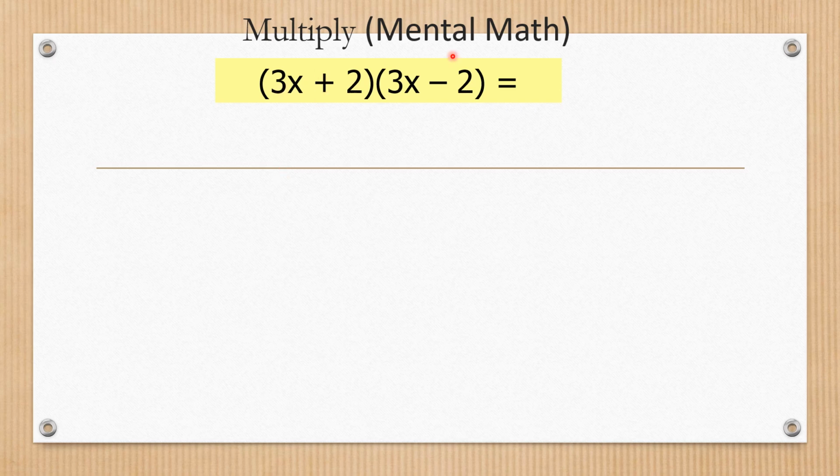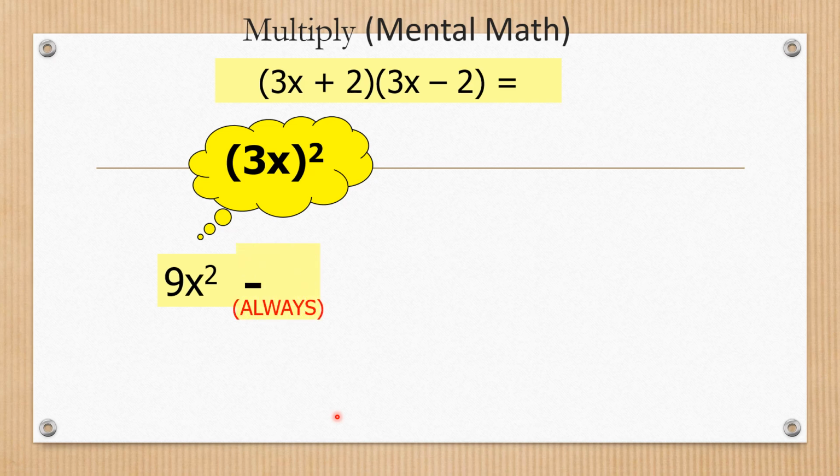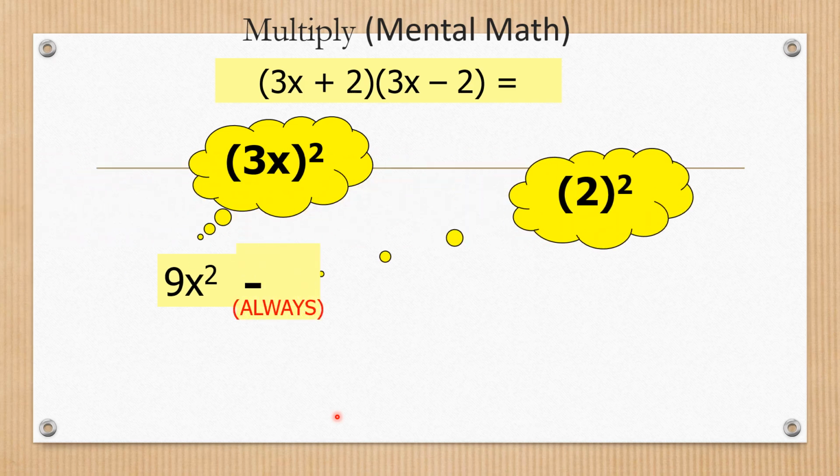Okay, so mentally multiply this one. So we have the first term. What do you think is the answer? So we have 3x squared, that is 9x squared, and then 2 squared is 4. Since they have different signs, that is subtract.